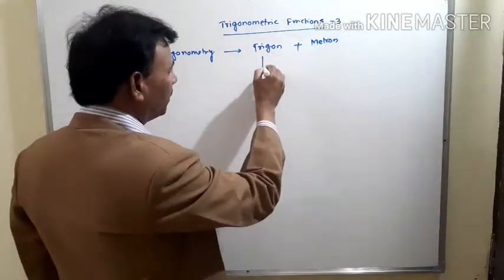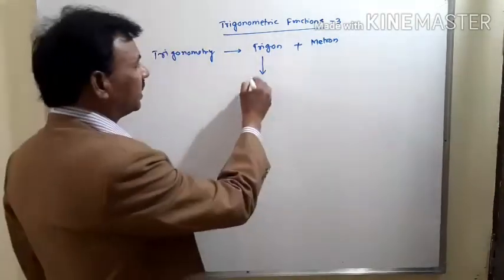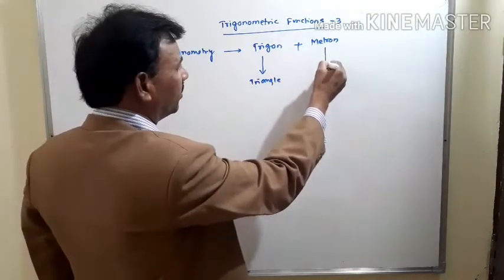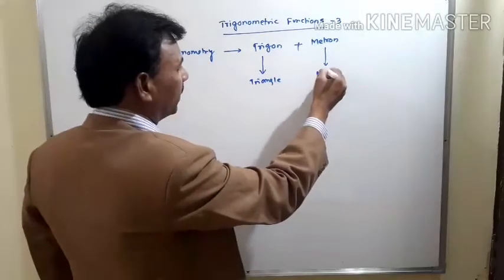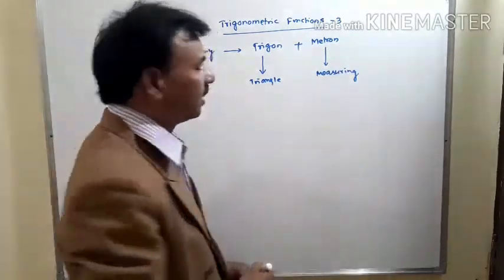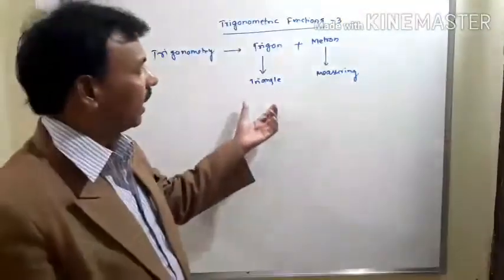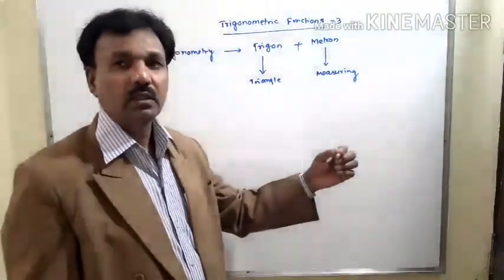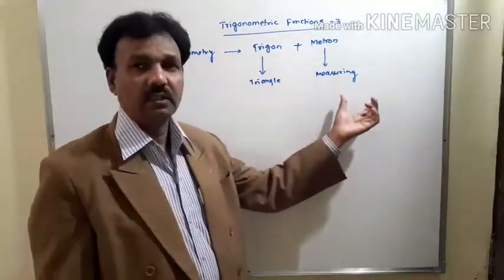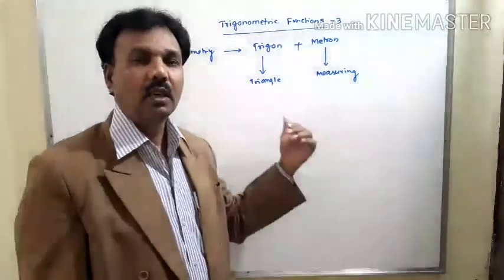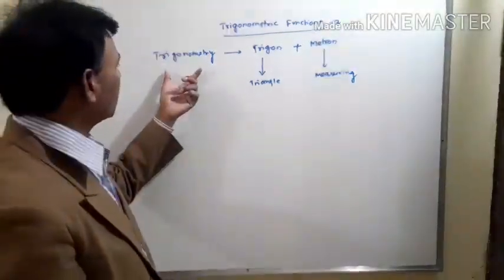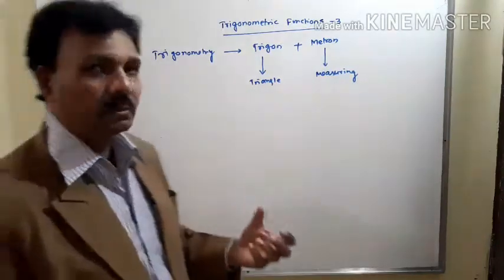The meaning of trigon is triangle and the meaning of metron is measuring. Triangle and measuring, that means measuring the sides of a triangle.